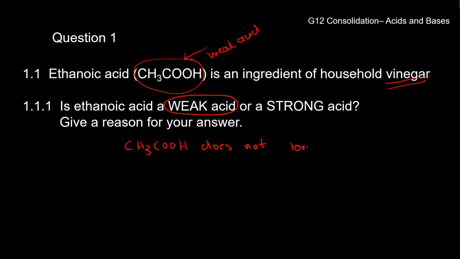We could also say that it has incomplete ionization. Okay. So that is what distinguishes a weak acid from a strong acid. A strong acid, of course, ionizes completely.